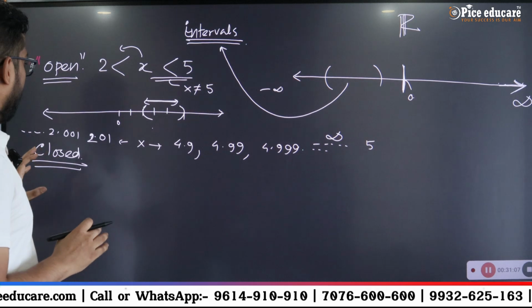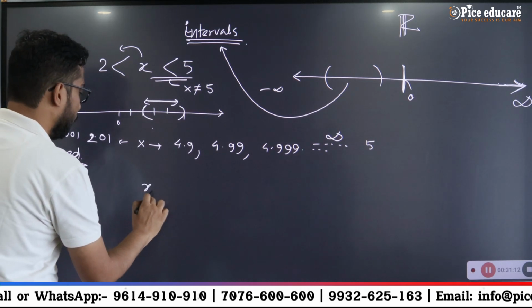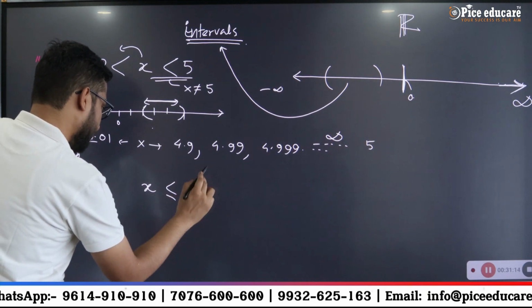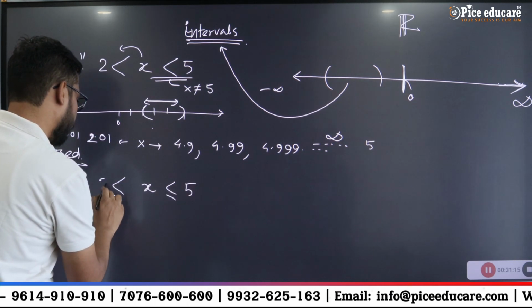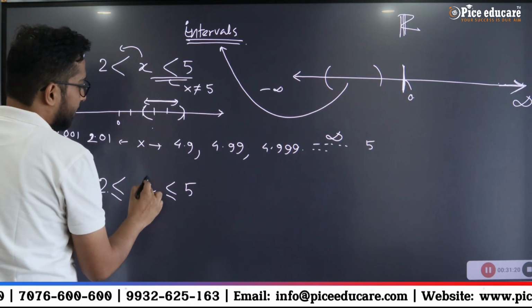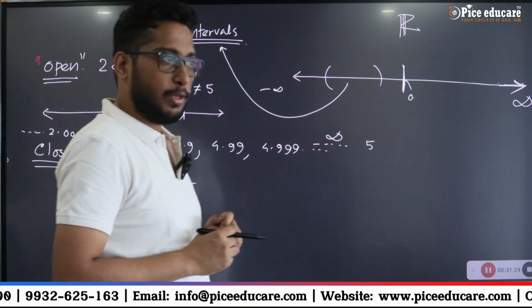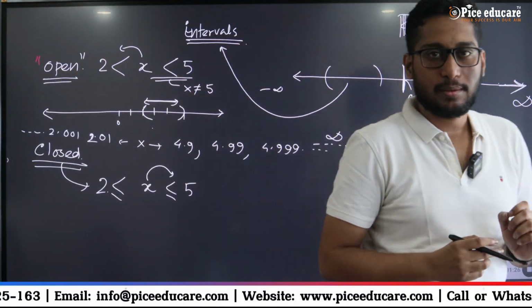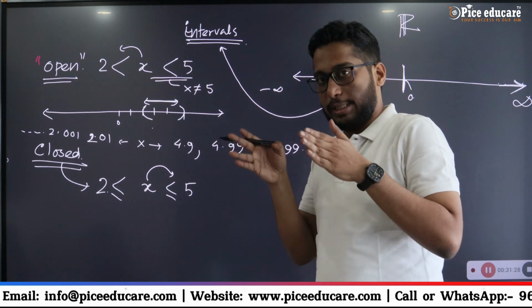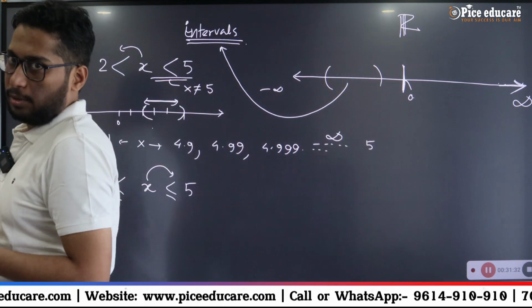And if I go for a closed interval, then what we have to do is use less than or equal to and greater than or equal to. It means that x is less than 5 or x can be equal to 5 also. So there is a specific boundary. That's why it is called a closed interval. Now we can make combinations of these two.